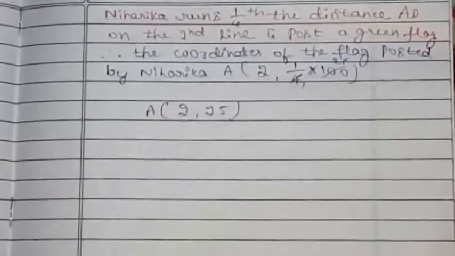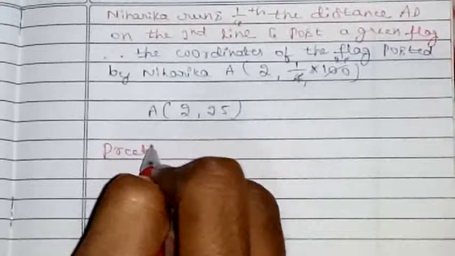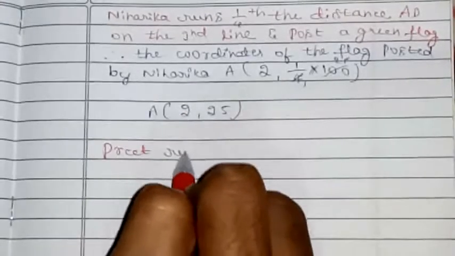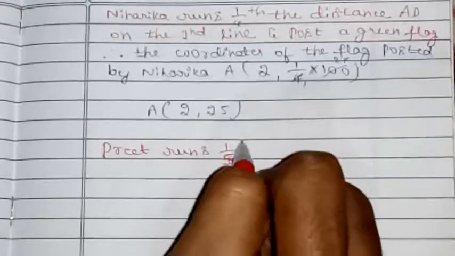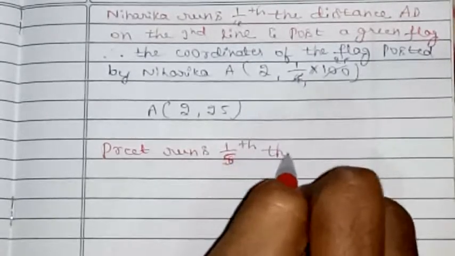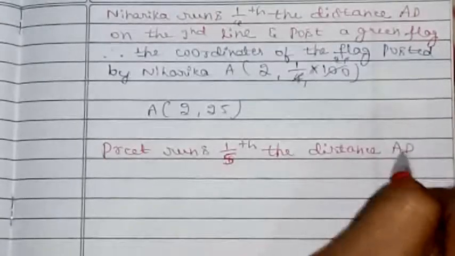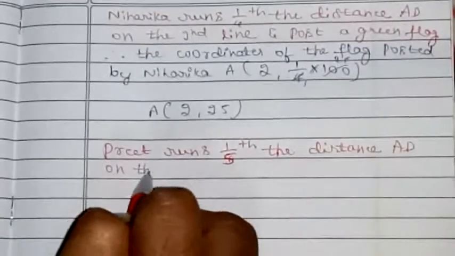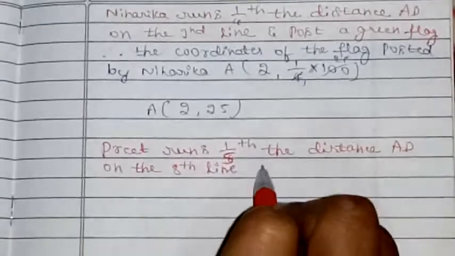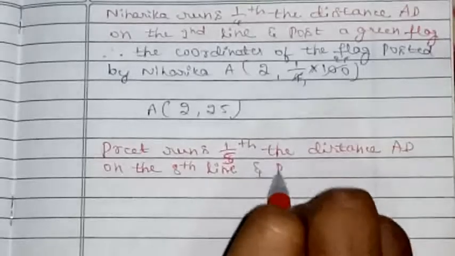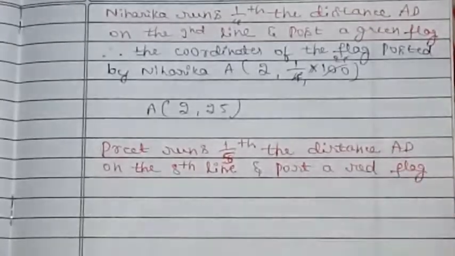For that I'll write: Preet runs 1/5 the distance AD on the 8th line. So she's in the 8th line, right, children? And posted a red flag, right, children?